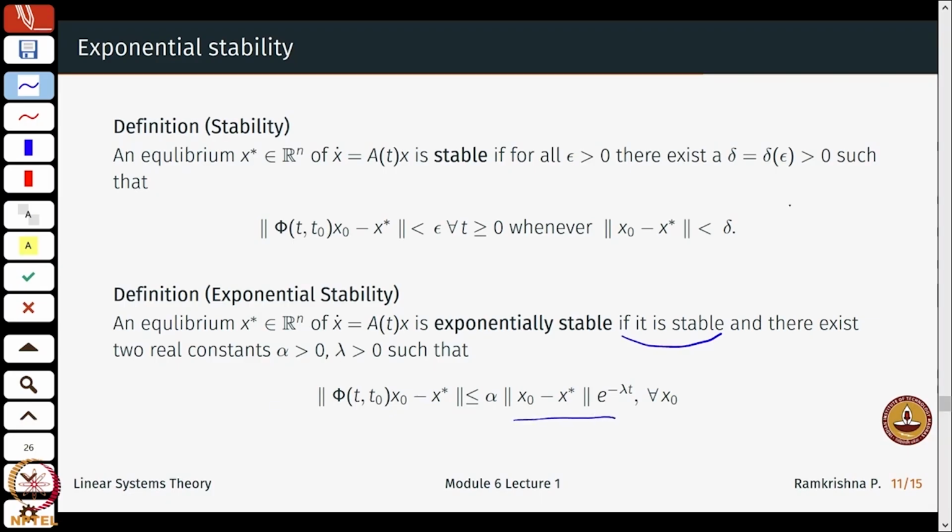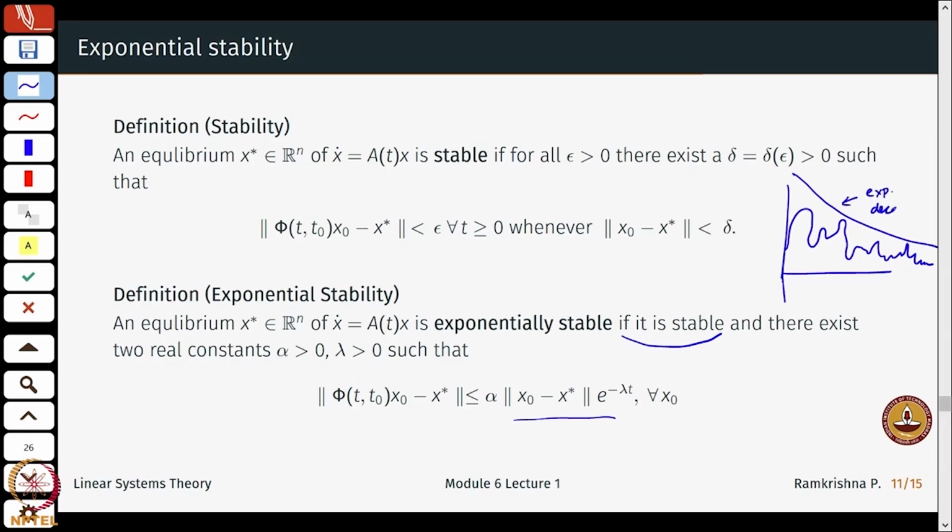Okay, what does this mean? Suppose I have a solution which starts from an initial condition, goes like this, and maybe eventually goes to the origin. Exponential stability would mean, can I bound this from above by an exponentially decaying curve?